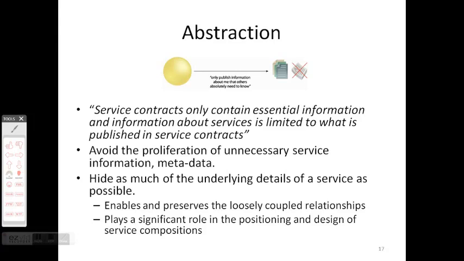Abstraction means service contracts only contain essential information, limited to what is published in service contracts. Therefore, any service would not expose any underlying implementation details to the user at any abstraction level.